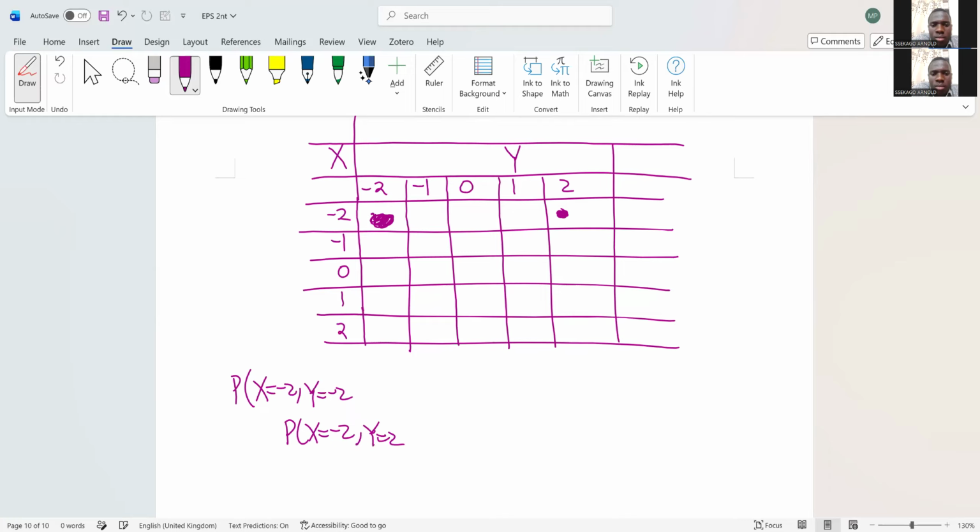This first row captures the case where x is -2 and y is varied. Then the second row captures the case where x is -1, y is varied, and so on and so forth.